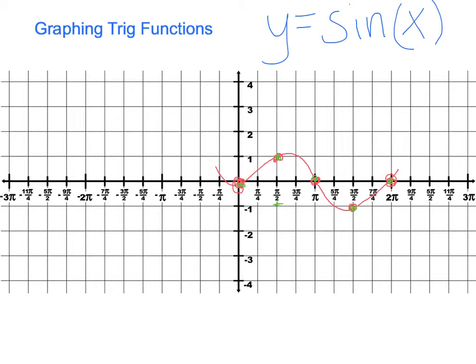Once again, the period is 2 pi, so that's the duration of one full cycle of the graph. As you can see, the domain and the range are the same as the cosine graph, so we're not going to take too much time going over that.